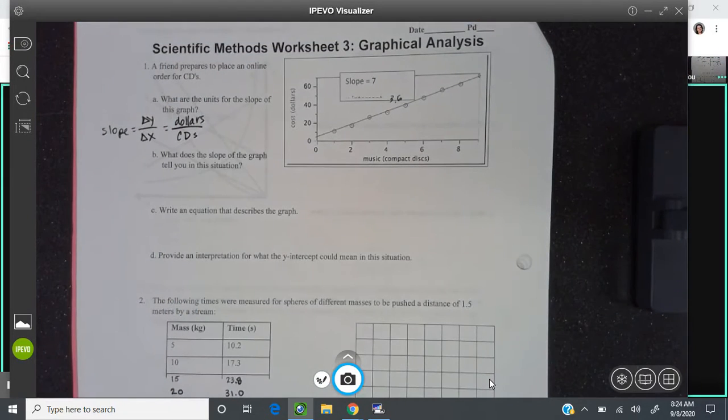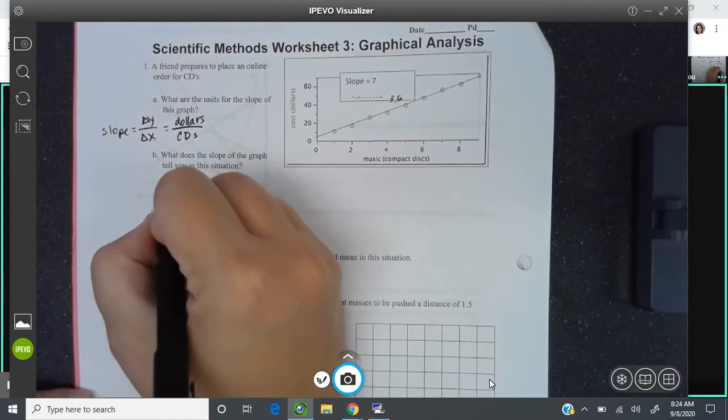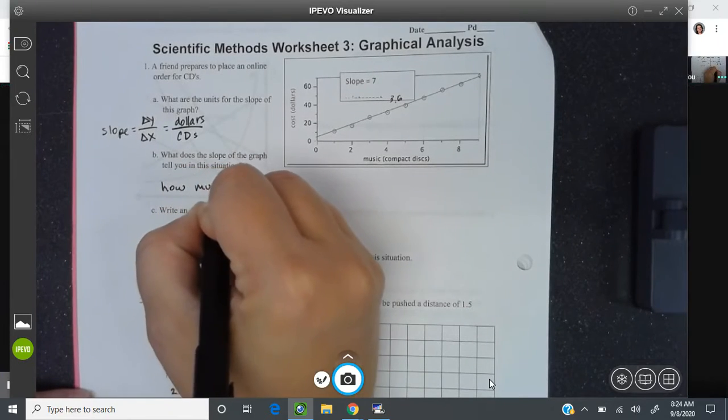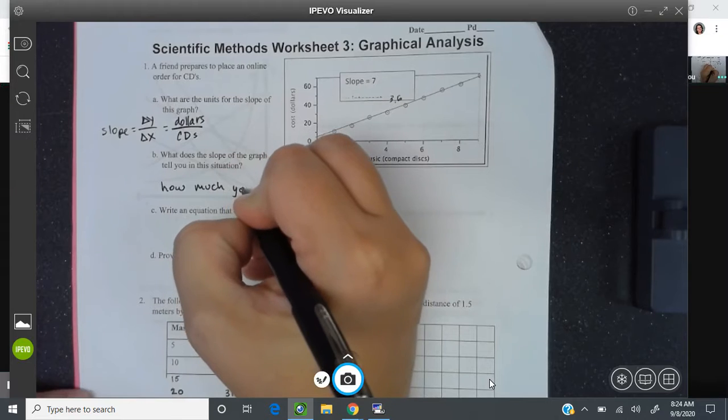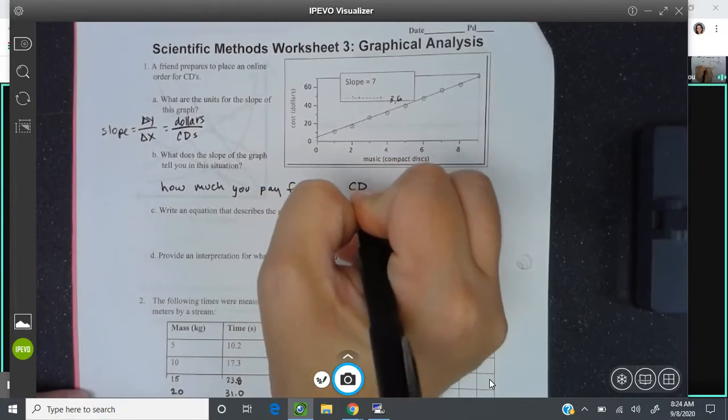So our units for the slope are going to be dollars per compact disc, right? Which is basically how much you're going to pay for each CD. So the slope tells us how much you pay for each compact disc.